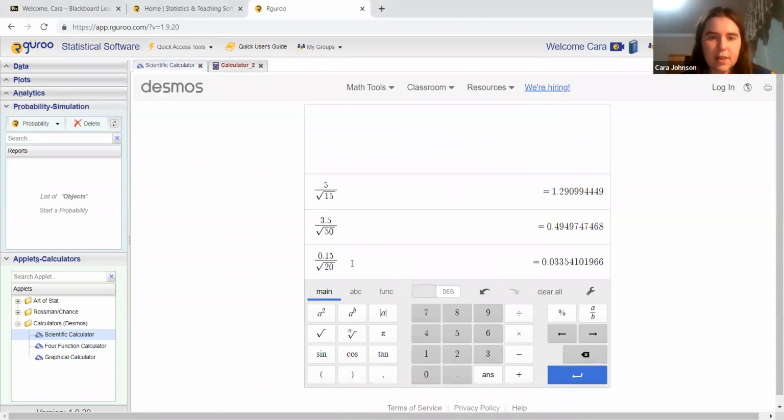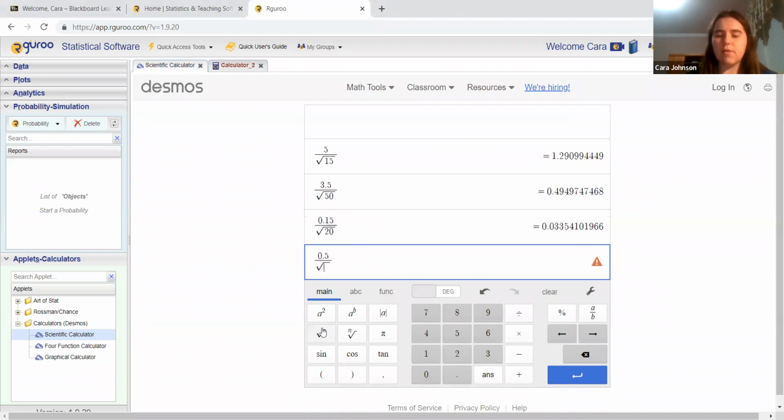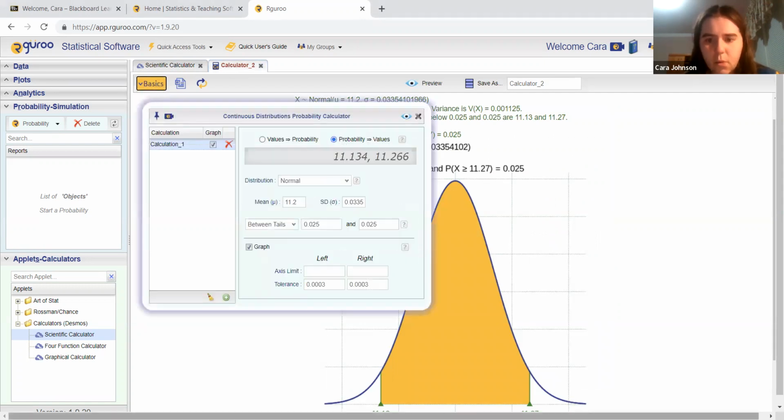I'm going to start by getting that standard deviation. 0.5 divided by the square root of 35 gives me that long decimal that I'm going to put in for my standard deviation in the calculator. Our mean here was 7.5. And then I'm going to enter in that long standard deviation.